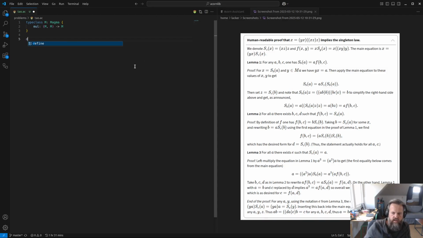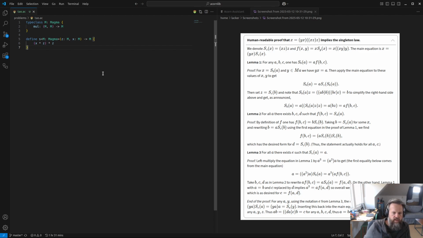Let's define s as a function of, let's call it, z x. We're not going to use this subscript because Acorn doesn't have this sort of subscript. We're just going to make it a regular function: x times z. All right. Save. Great. Syntactically valid. Check.